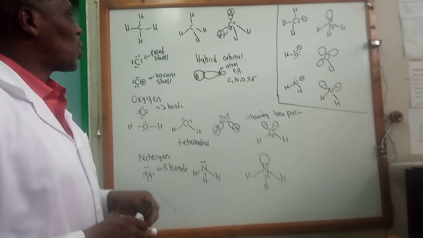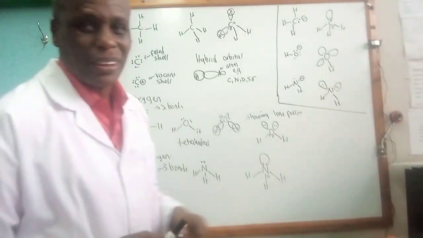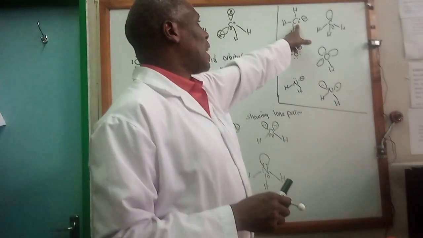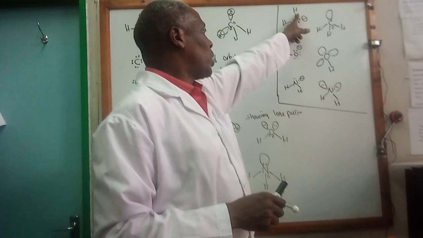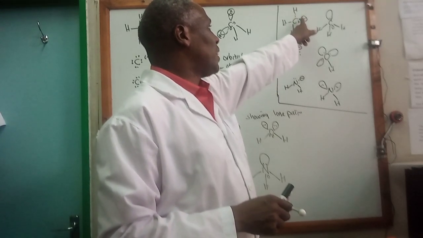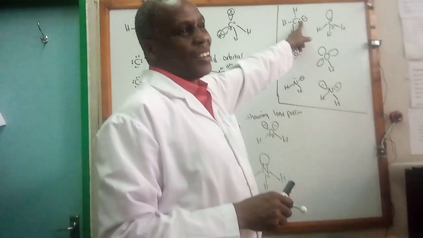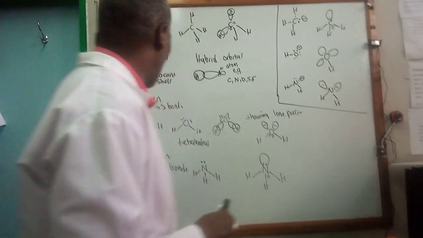In this case you can also show a carbanion, where these are two electrons, two electrons, two electrons, and the two electrons are a lone pair. So this is a filled orbital.